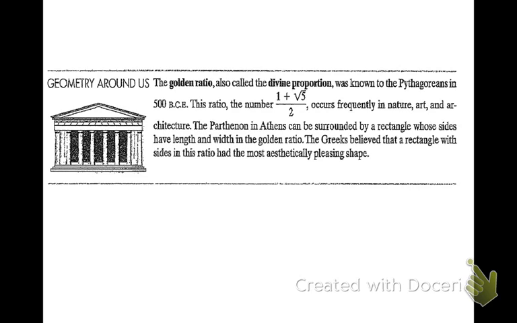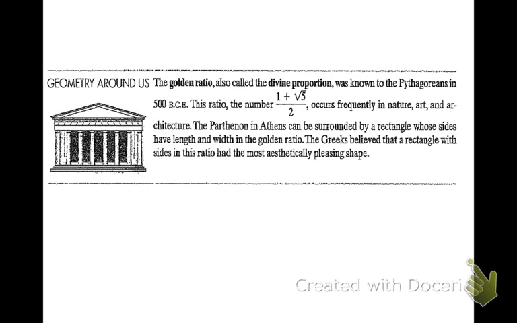Geometry around us. The golden ratio, also called the divine proportion, was known to the Pythagoreans in 500 BCE. This ratio, the number 1 plus radical 5 divided by 2, occurs frequently in nature, art, and architecture.